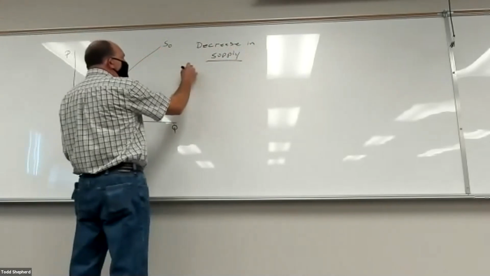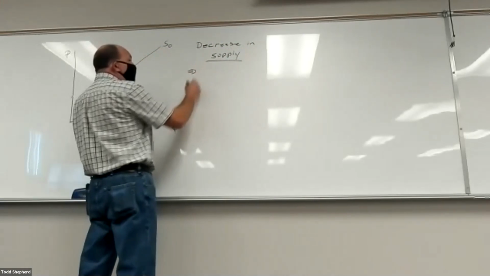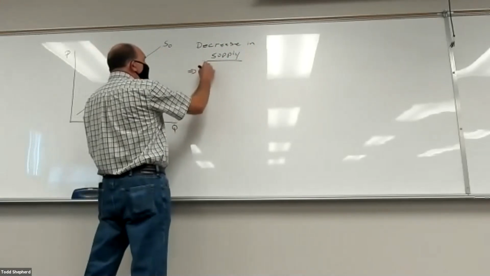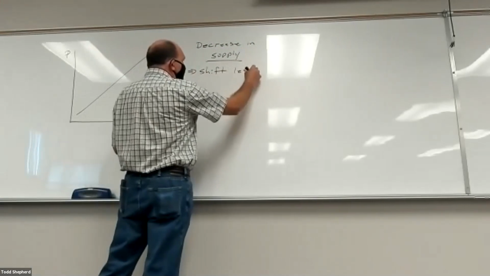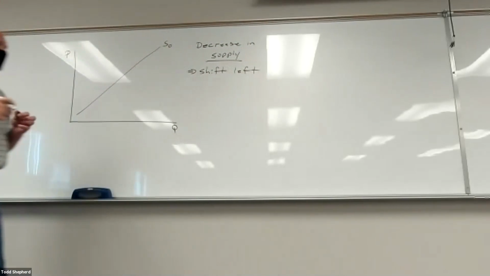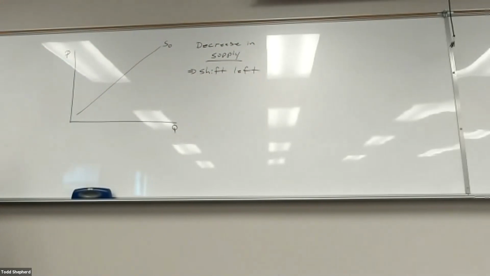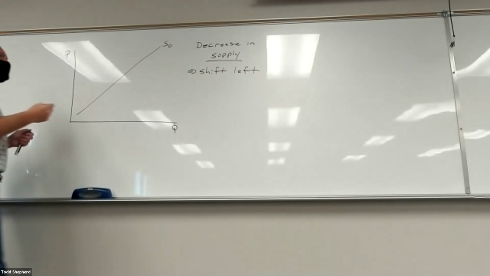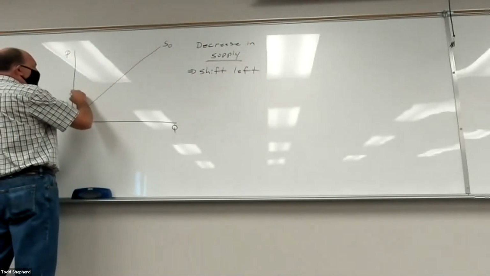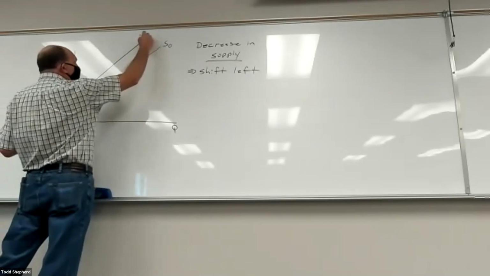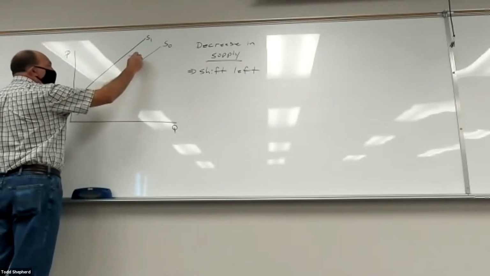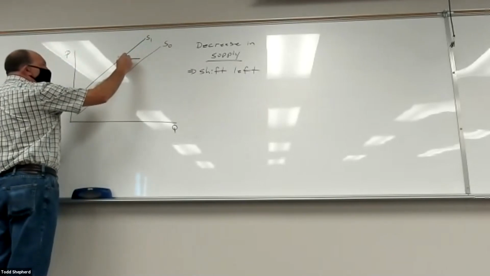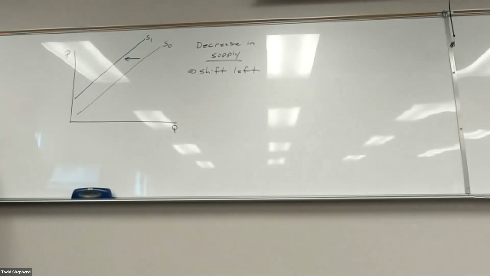So what that means is that the entire supply curve is going to shift to the left. So what I want you to do then in your model is to draw yourself a supply curve, mark it with an S1, and this entire thing shifts back and to the left.